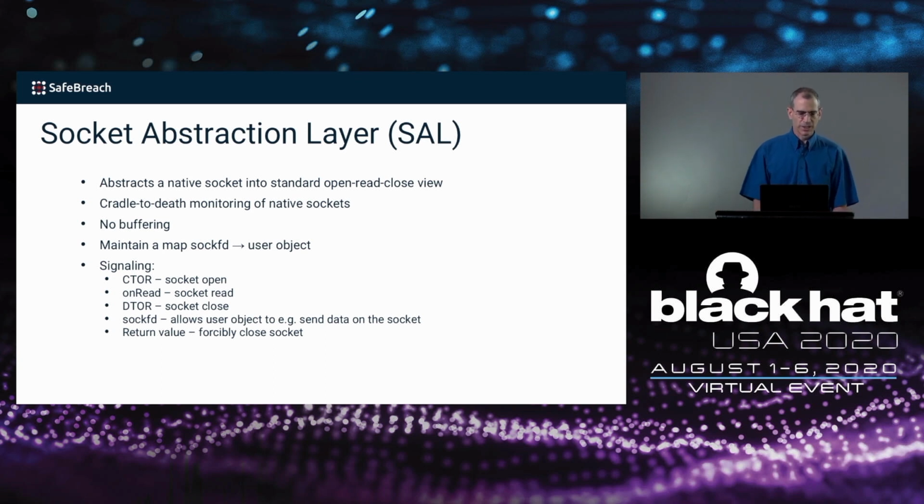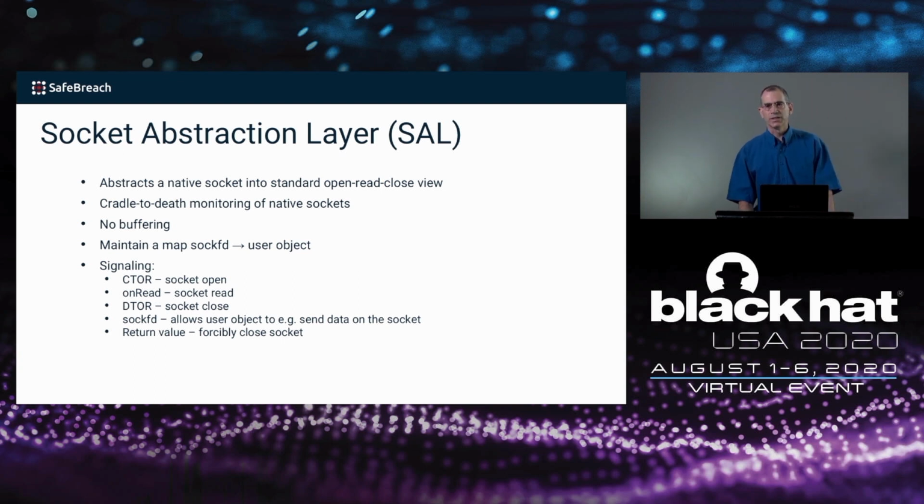The socket abstraction layer allows me to abstract a native socket into a standard open, read, close view. So I need to manage the sockets from cradle to death, and I need, of course, to maintain a map from the socket file descriptor to a user object that handles each socket. Each socket gets its own instance of a user object. I don't want to interfere with the system operation, so there's no buffering at all that I'm allowed to introduce.